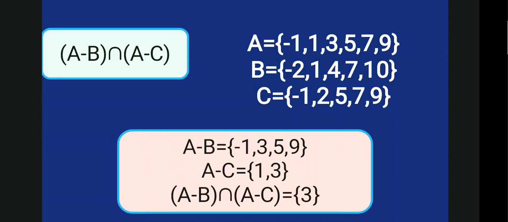And now (A minus B) intersection (A minus C), that is the common elements in these two sets. What is the common element in these two? 3. So this answer is 3.